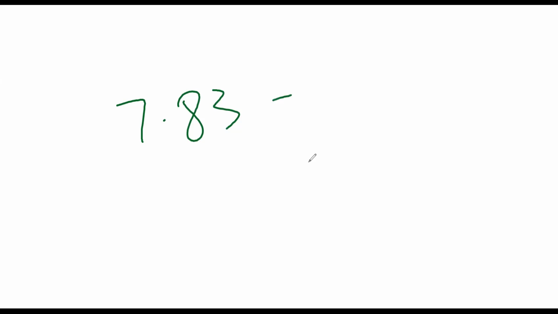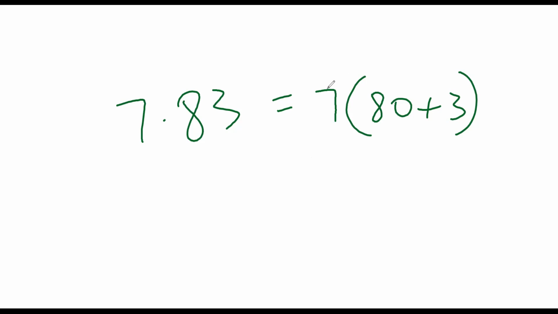If you had to do 7 times 83 quickly, you could rewrite 83 as 80 plus 3. Would everyone agree that 83 is 80 plus 3? Anyone disagree? Any nays? So you're doing 7 times this thing. We're putting it in parentheses because we know that the 7 has to really multiply to this whole number, just like it was multiplying to the whole number over here.